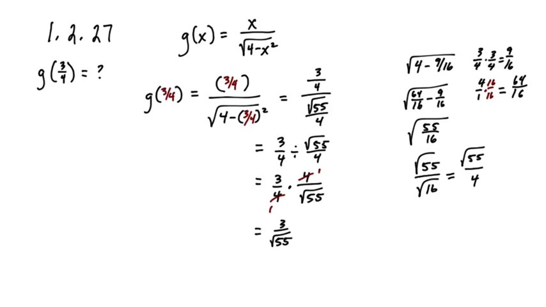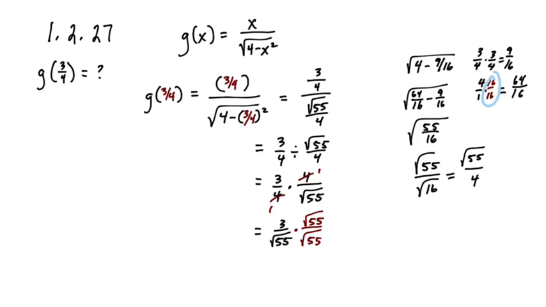So we're going to do a similar thing to what we did earlier when we multiplied by 16 over 16. I need to find something times the square root of 55 that's going to get rid of that radical. Well, it's going to be the square root of 55.